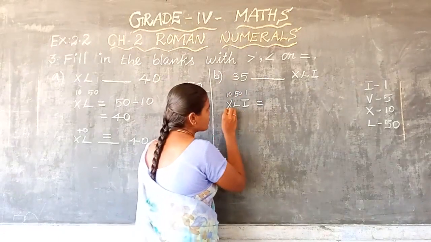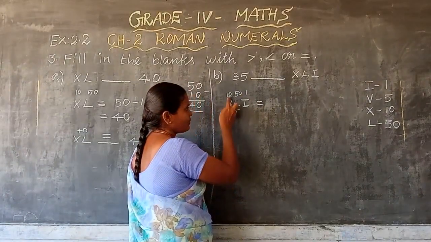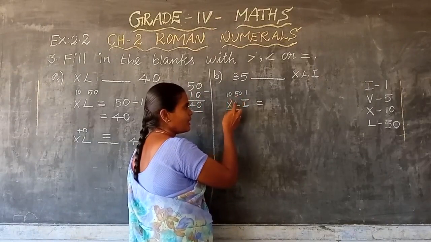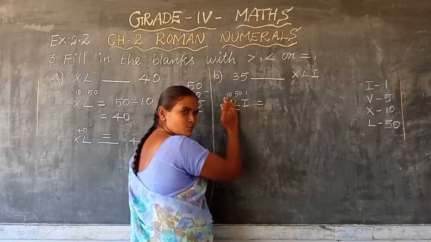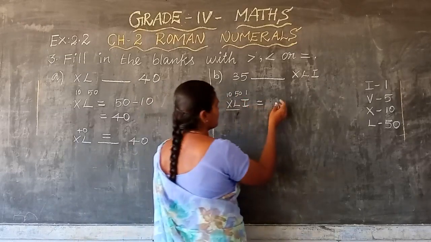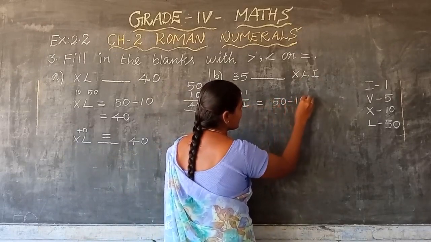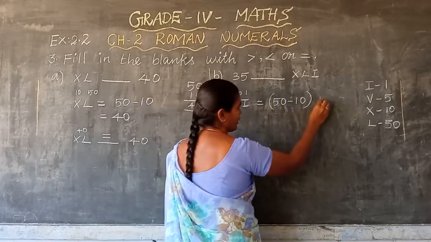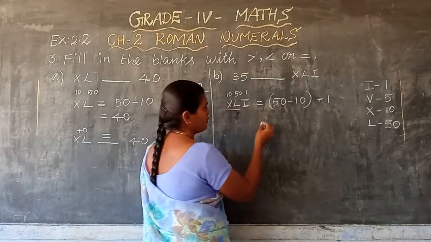So you take the first two letters, XL. X value 10, L value 50. Which one is the greater number here? L. Greater number. Left side we have the small number, so left side small number means subtraction. So 50 minus 10. Then you add 1, the I value, because right side small number means addition.